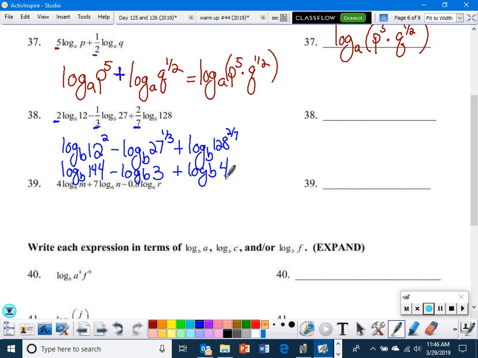All right, now there's a minus sign right here, so that's the quotient property. Now I'm going to take the 144 and divide it by 3, and then I'm going to multiply by the 4. So like this.